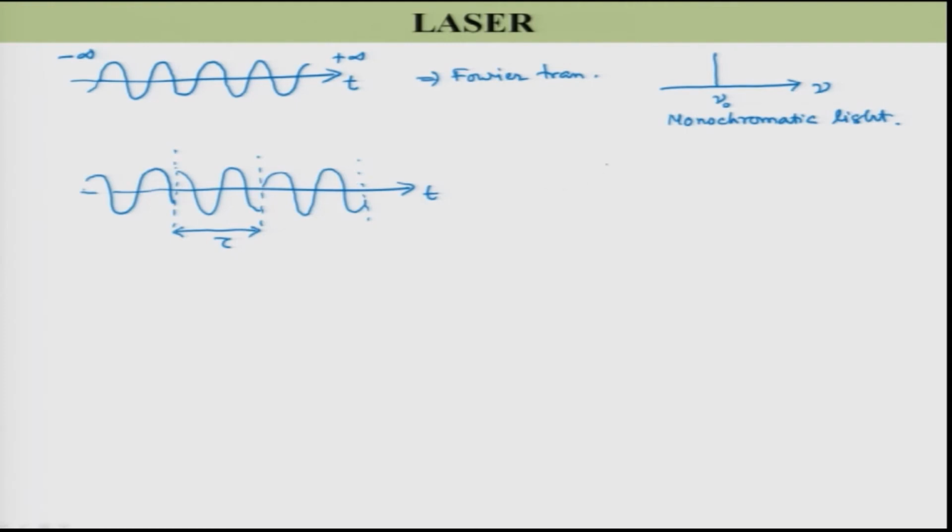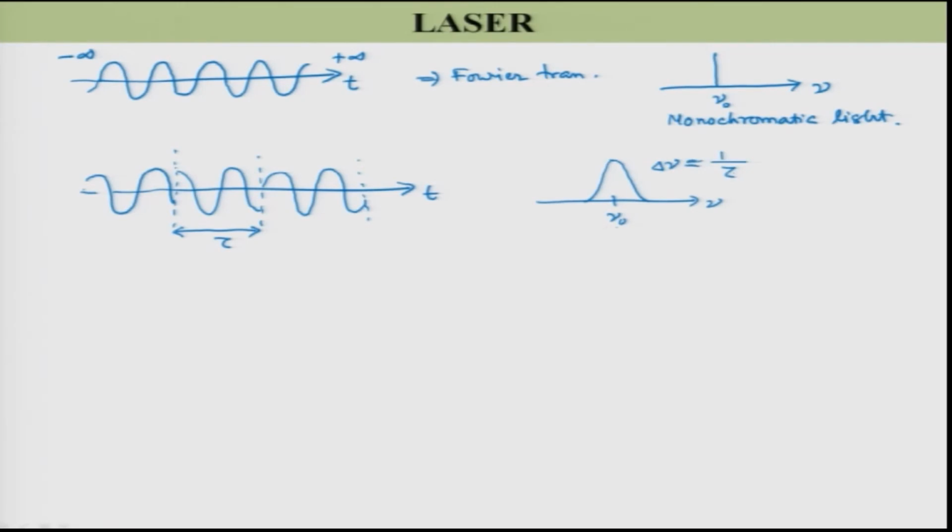Then if you do this Fourier transformation, what you will see in the frequency domain is not a straight line, not just a single vertical line, but it has some width, and that width is almost equal to 1 over tau.